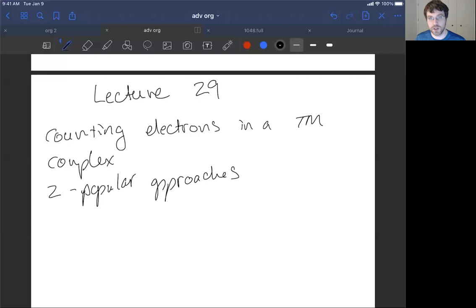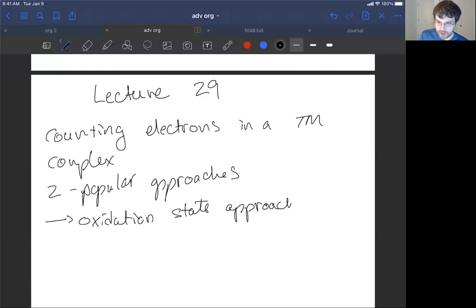I'm going to first mention the one that we won't be going through right now, and that's the oxidation state approach. Okay, the oxidation state approach. And here what you do is you take the electrons from the metal, and then you subtract the oxidation state of the metal.